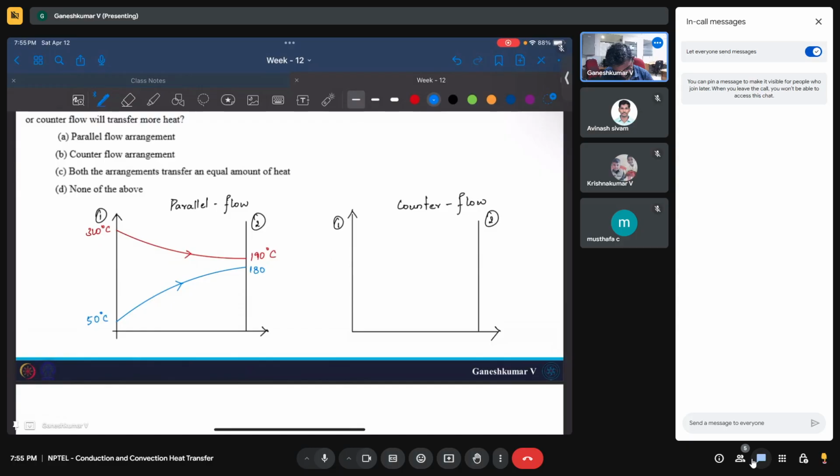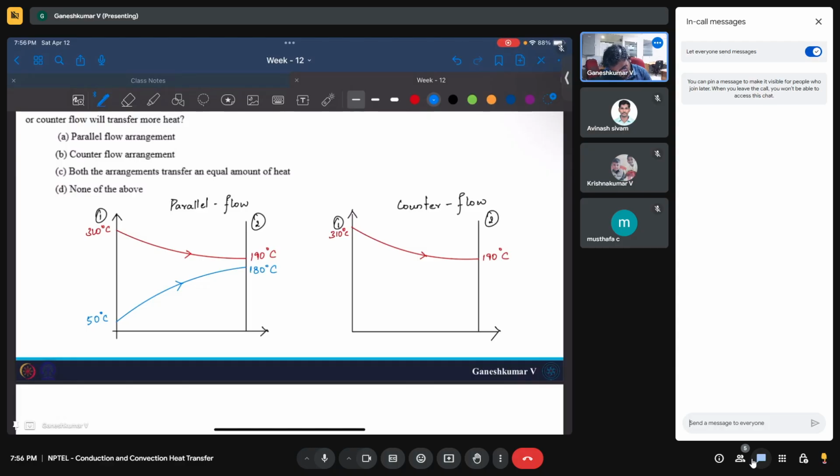If I want to draw something for counter flow, the hot fluid enters at 310 and leaves at 190, and the cold fluid enters at 50 and leaves at 180.